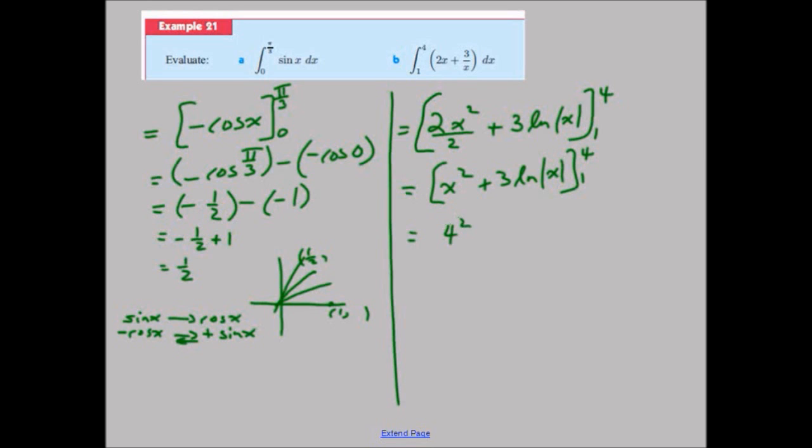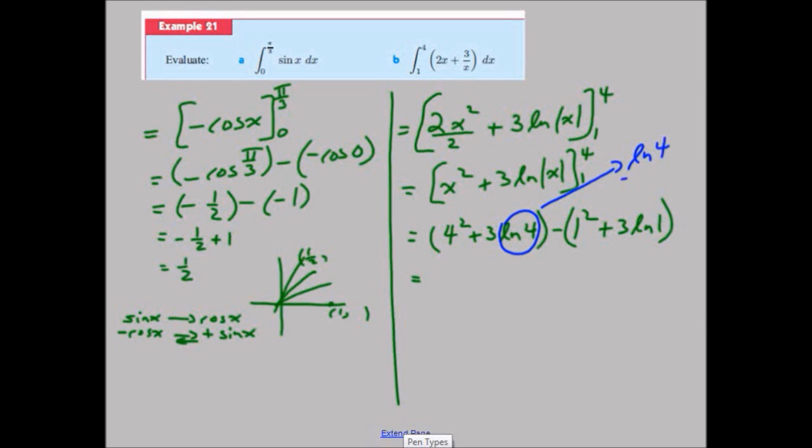So 4 squared plus 3 ln 4, subtract 1 squared plus 3 ln 1. Okay, when we're dealing with logs, we always need to make sure, is there a better way of writing it, or can it be simplified to some number? So let's think about that. Ln 4 is the same as ln 2 squared, which could be written as 2 ln 2 by our third law of logs.